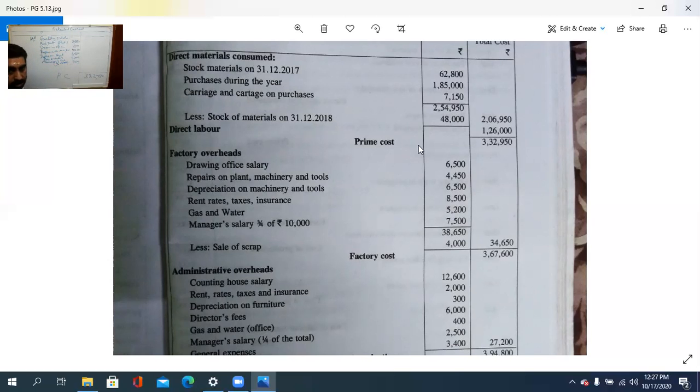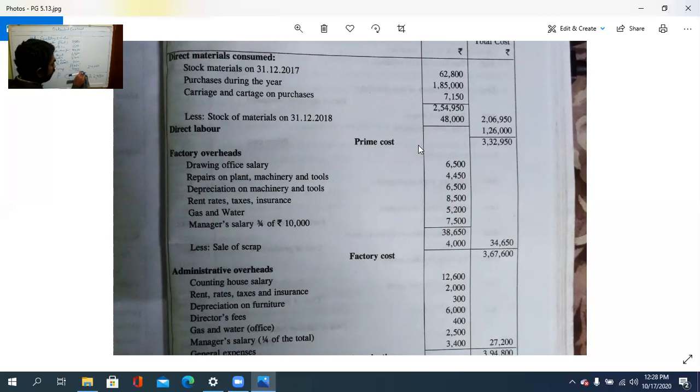That is the total of the factory overheads, 38,650. But there is a sale of scrap that is to be deducted, that is 4,000. So 34,650 needs to be added with this prime cost.